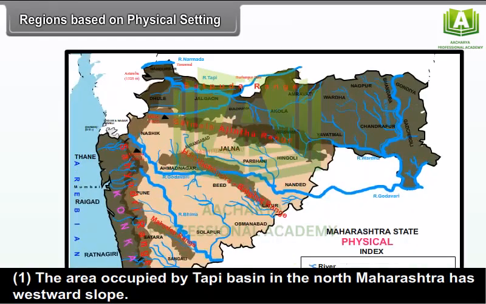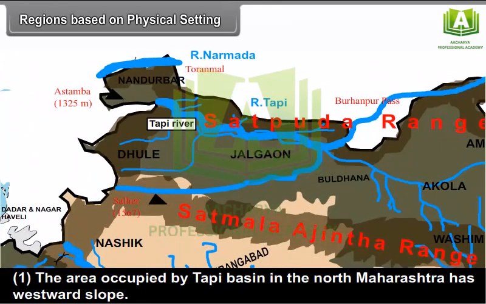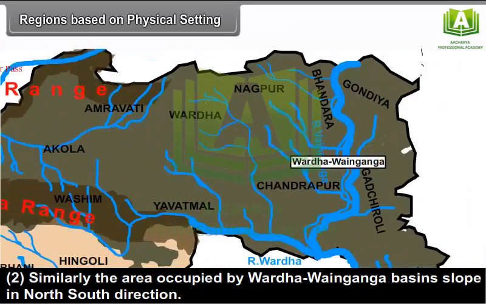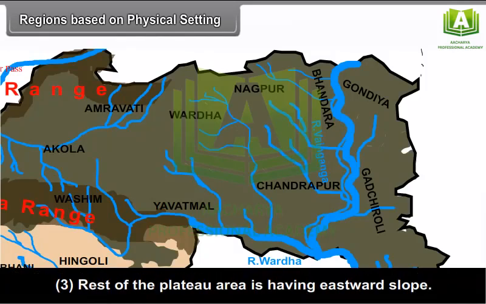Number 1. The area occupied by the Tapi Basin in North Maharashtra has a westward slope. Number 2. Similarly, the area occupied by the Wardha and Wainganga basins slopes in a north-south direction. Number 3. The rest of the plateau area has an eastward slope.